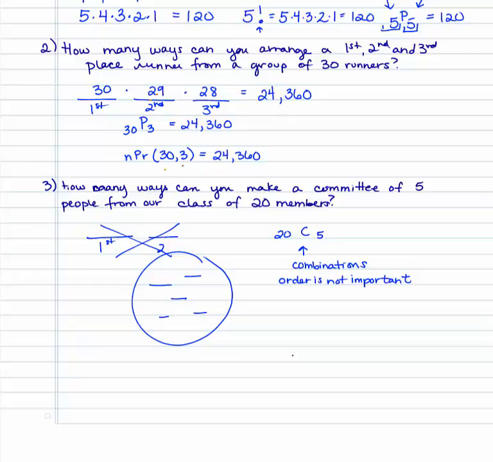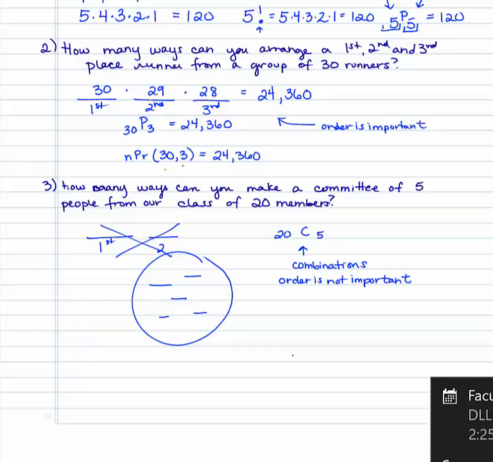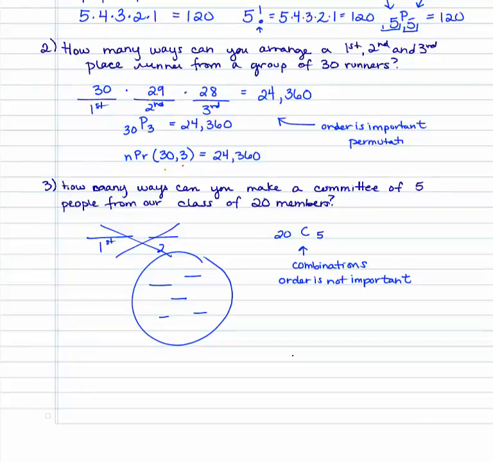Whereas when you come in first, second, or third place, that is where order is important. That's why we call that a permutation. You would get 15,504. You don't need to know this, so don't worry about it. But that's how this is calculated if you wanted to calculate it by hand.